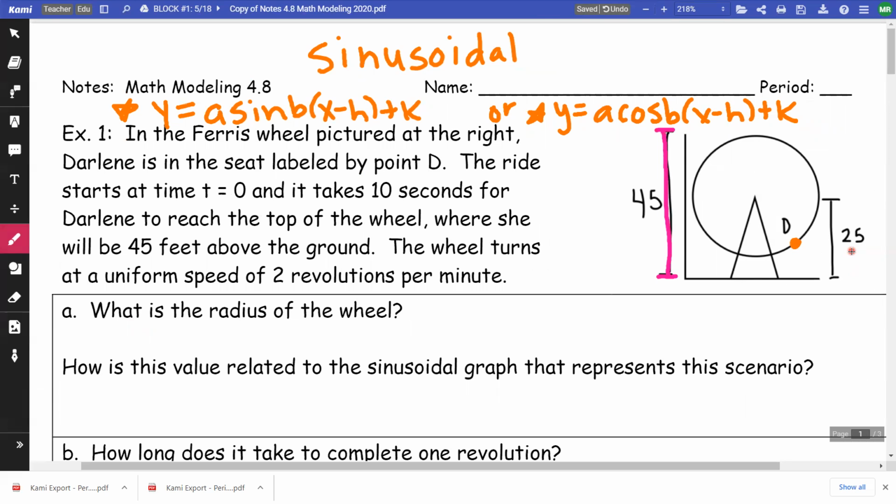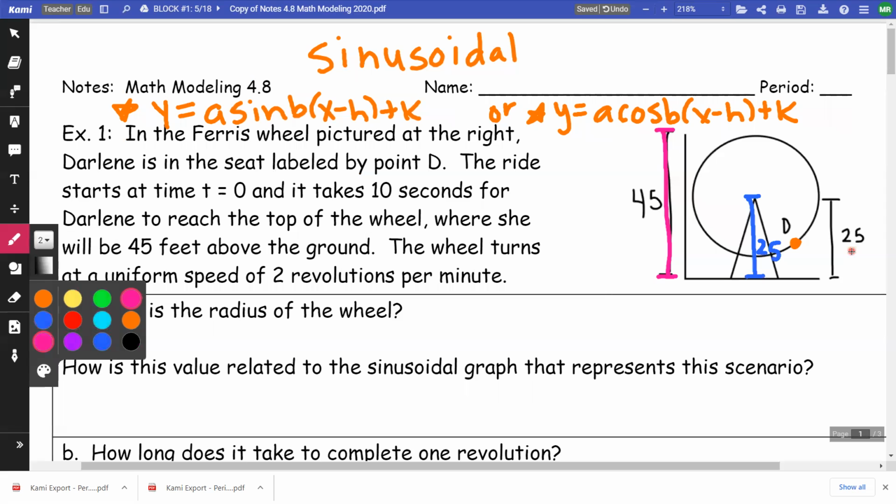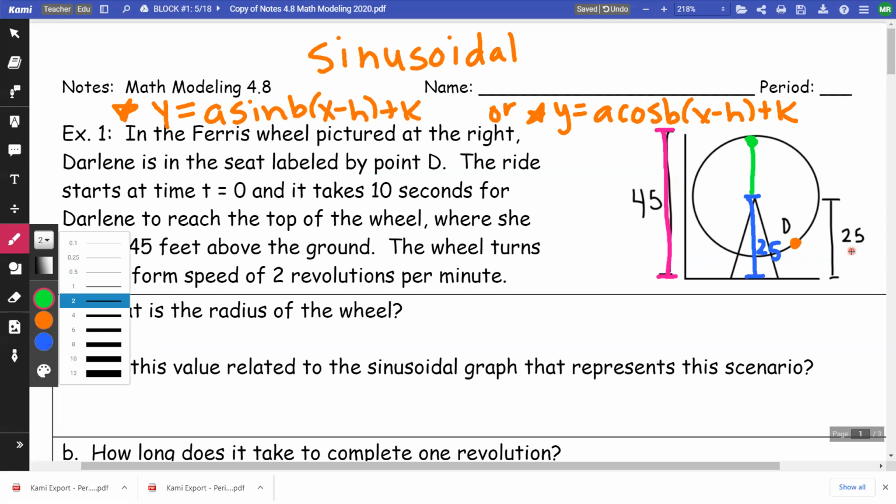We know that from the ground to the center of the Ferris wheel is 25, which means whatever is left over from here to here is going to be our radius. So if I take 45 minus 25, I get 20. That means our radius for this circle is going to be 20.